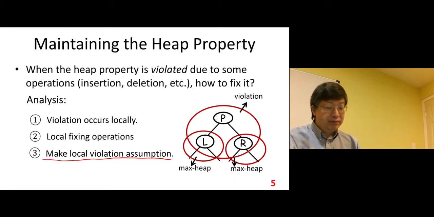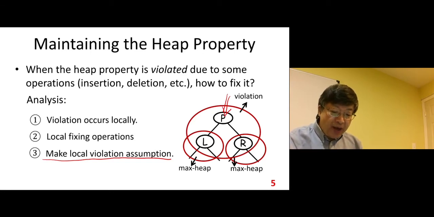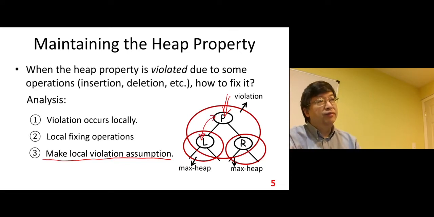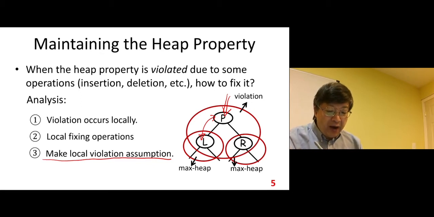So no violation at the beginning. The violation only occurs at this point. So we need to fix it. So when we fix it, we may need to change the values between P and L or P and R.